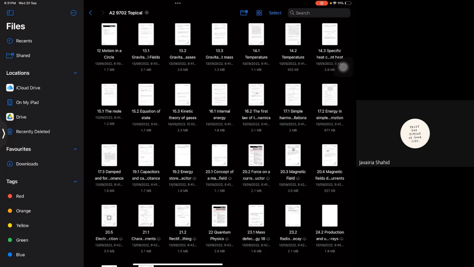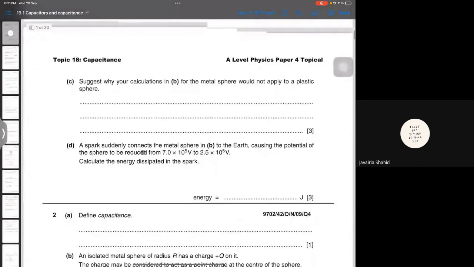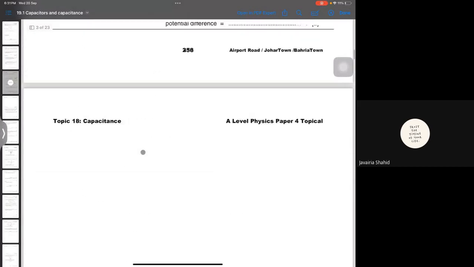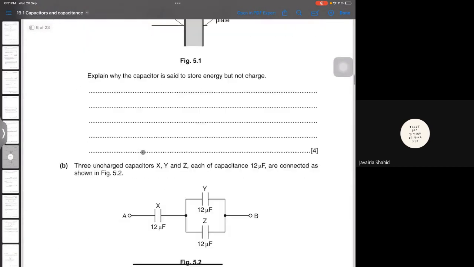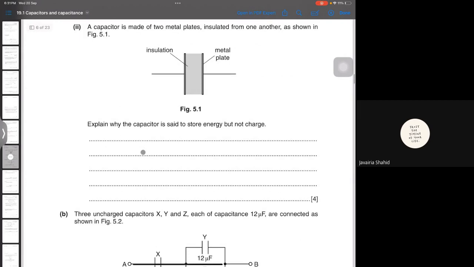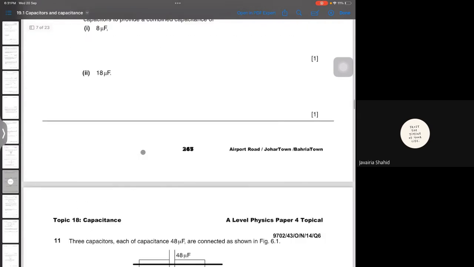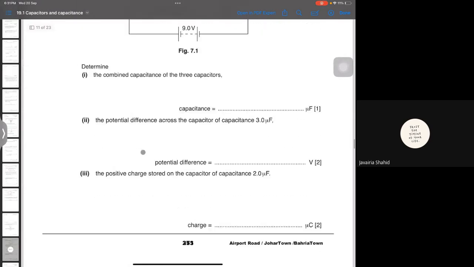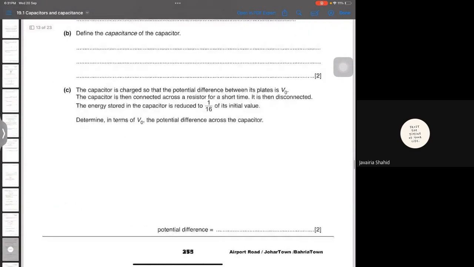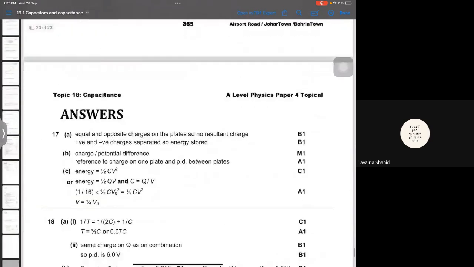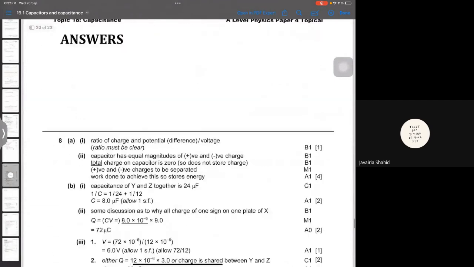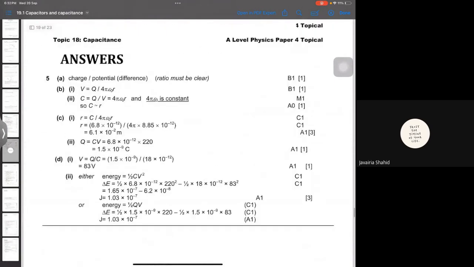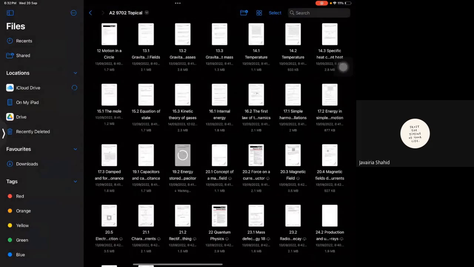Temperature, capacitance, and capacitances. This is quite an easy one, I think. It's not a big worksheet. Let me check the energy one, please.